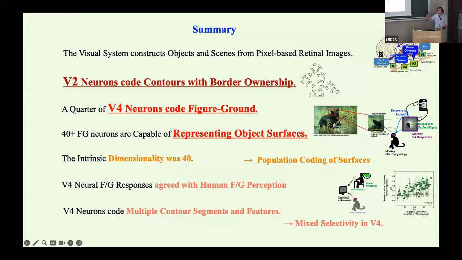And the next part, what is the population representation? That is a very important part. Actually, we are now trying to find that, working with Dr. Yukaku Yamane. But at this stage, we have no idea.